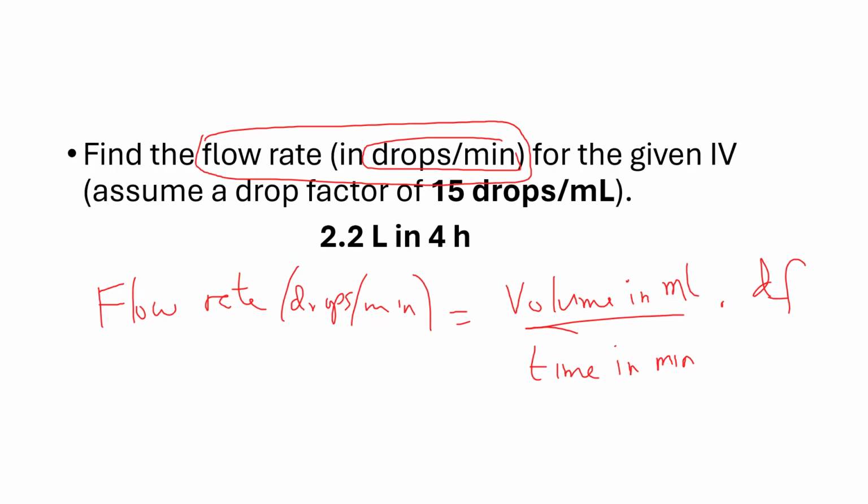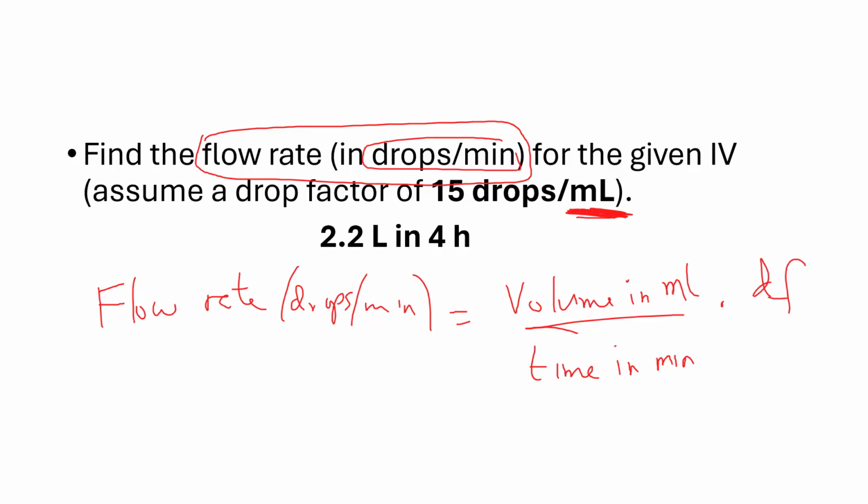Now, the reason why we've got to put volume in ml is that the drop factor is in ml. So your volume should be in ml. The reason why we are putting time in minutes is that the flow rate is in drops per minute. So V over T in minutes times the drop factor. That's how you solve the problem.